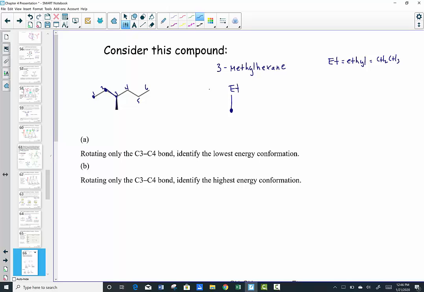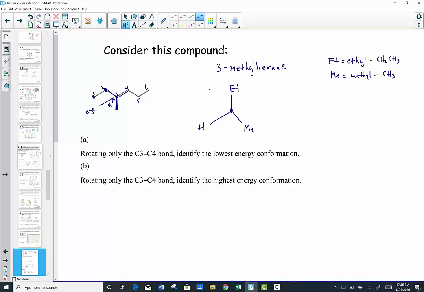Coming out of the page, so coming to the right of my eyeball, because my eyeball is looking right up here from carbon 2 to carbon 3. This is my eyeball. So I see carbon 3 has a methyl group coming out and to the right, and it would have a hydrogen, not drawn, but we know is there, as the dash from that particular carbon. So when you see me write ME, you know that that is methyl. It's just easier to write and keep track as you spin things.